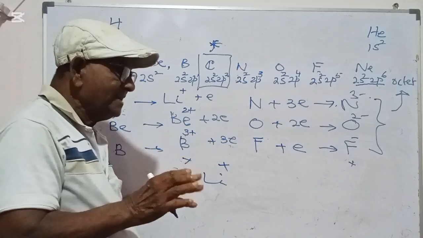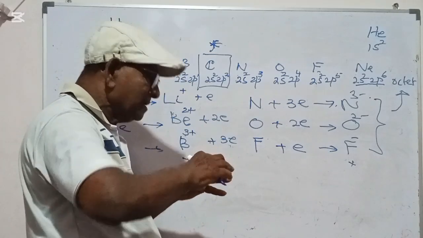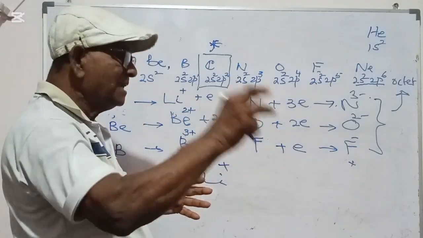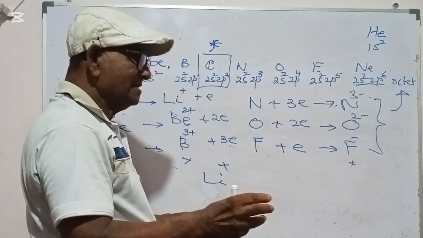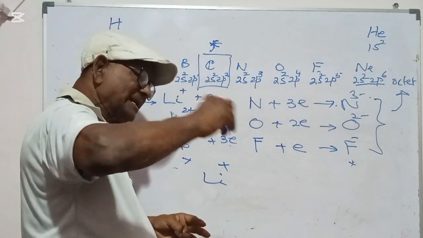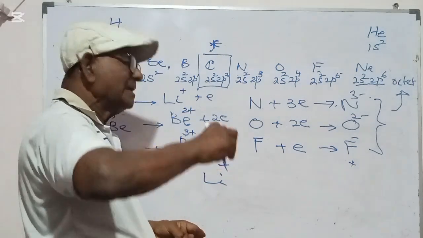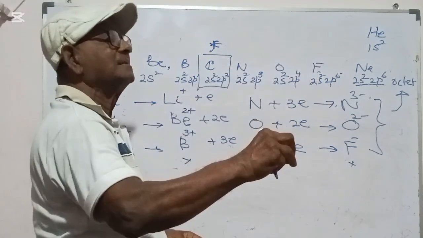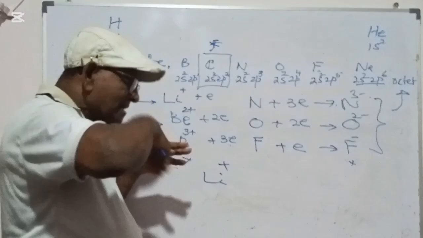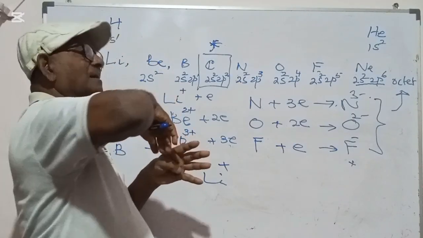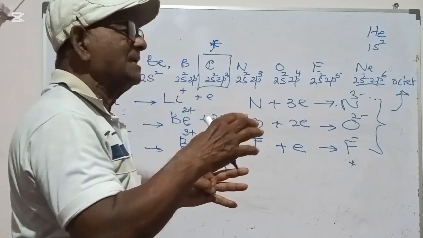Then you must know that if electrons are removed, they must be taken by some element. If an element needs to gain an electron, it should be taken from another element. Electrons are present only in elements.